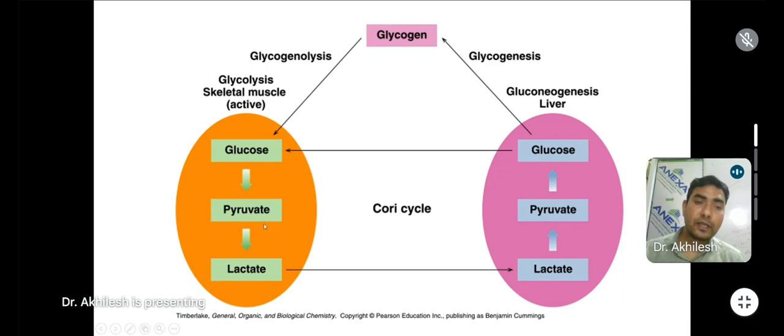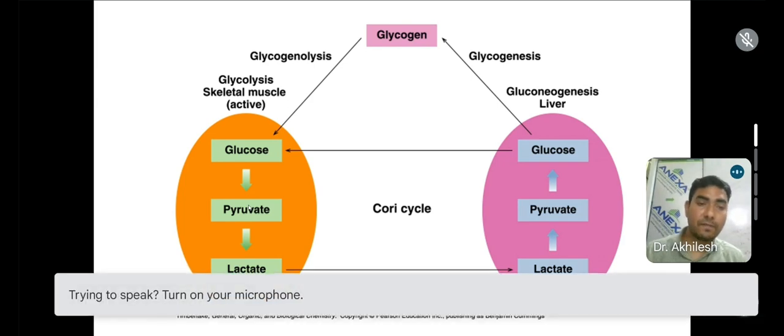Alcohol production is majorly found in yeast because they have the alcohol dehydrogenase enzyme system, whereas we have the lactate dehydrogenase system in humans and mammals. So we convert pyruvate into lactate. This is a common pathway, especially when there is no oxygen, like in strenuous exercise and in cancerous or hypoxic conditions.